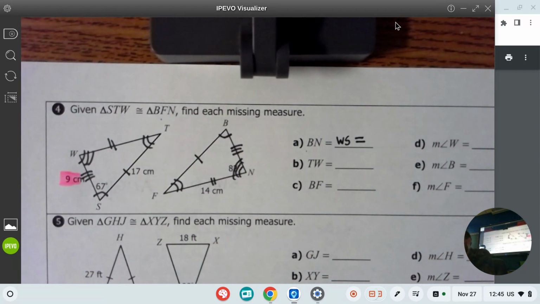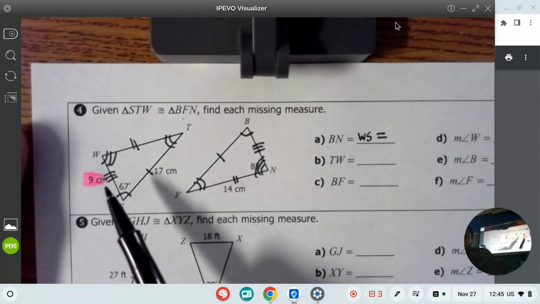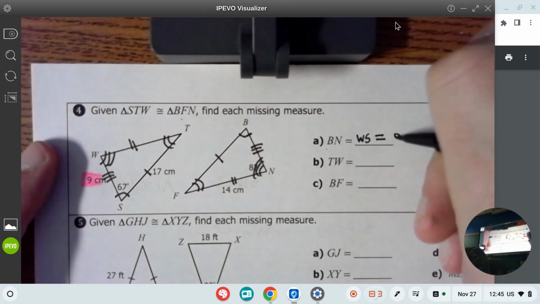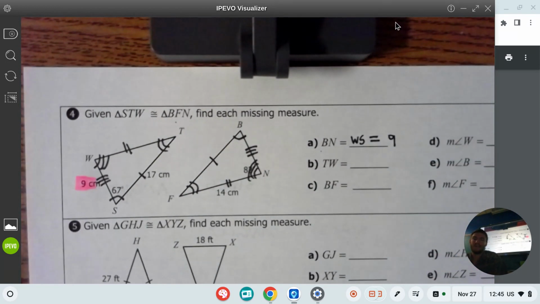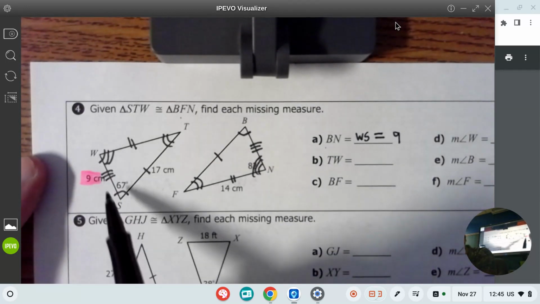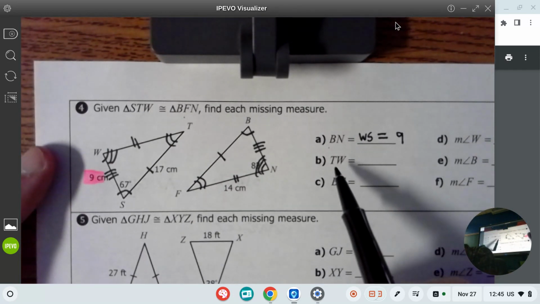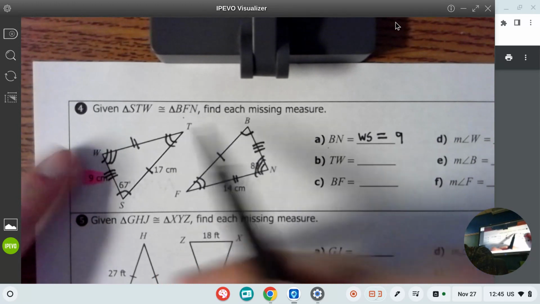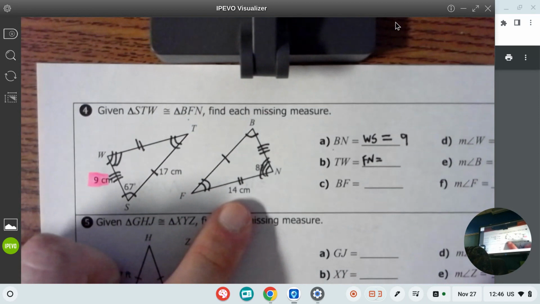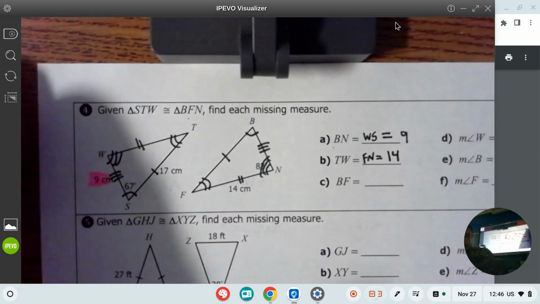Since WS has an actual length, and it's the same as BN, then 9 is also the length of BN. If these triangles are the same, and BN is the same as WS, then they're both 9. TW. TW is our double, which is the same as FN. We know that FN is 14, so we know that WT has to also be 14.